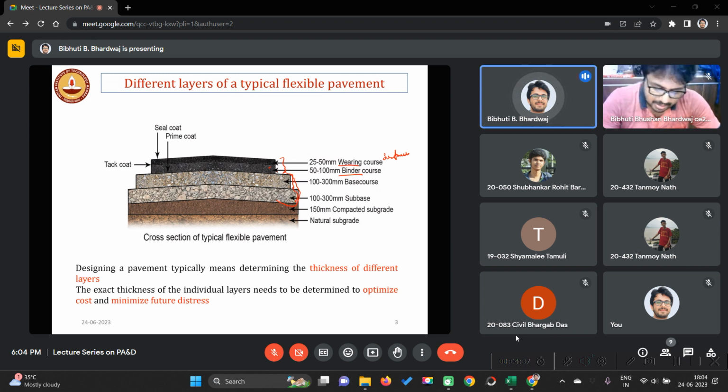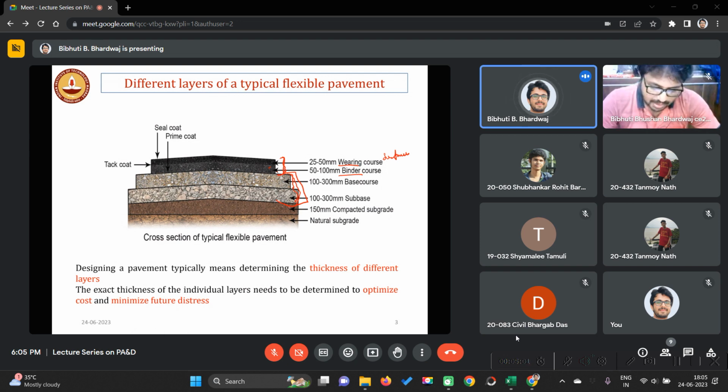But ultimately, for analysis, if you remember, we combined both the bituminous layers and considered them as only a single layer. Similarly, for the granular layers, we considered the base and subbase together as one granular layer only.